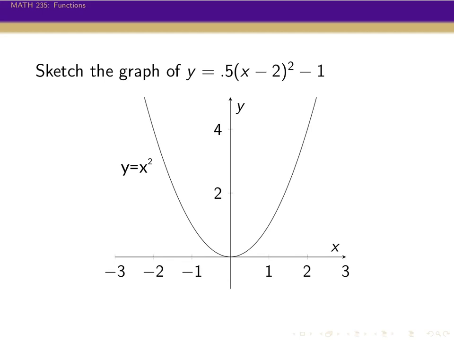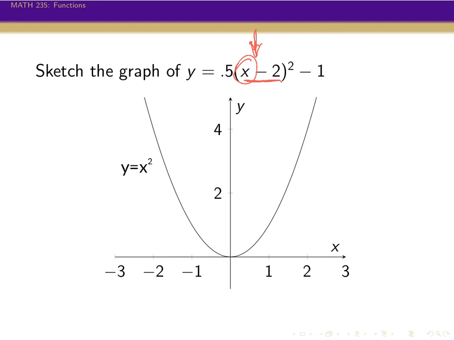The important thing in doing this is don't try to do everything all at once. Take it piece by piece, and you always want to start with x. What is happening to x first? So we're going to start here, and the very first thing that's happening to x is it's being subtracted by 2.